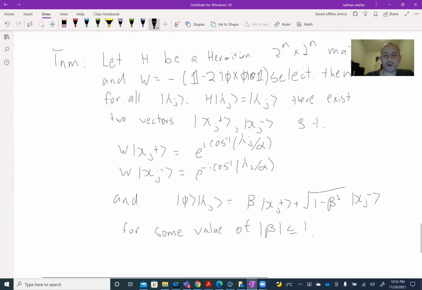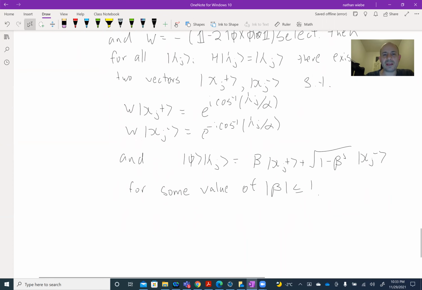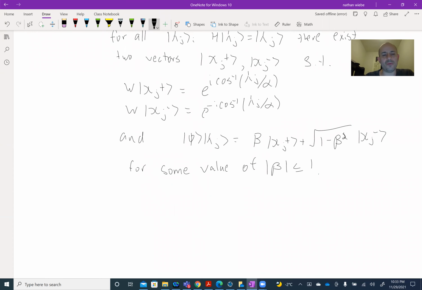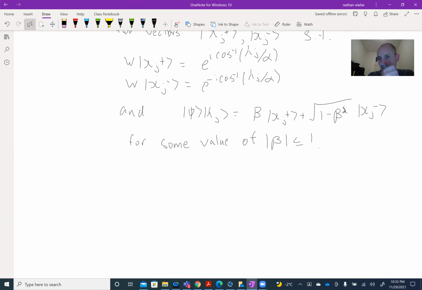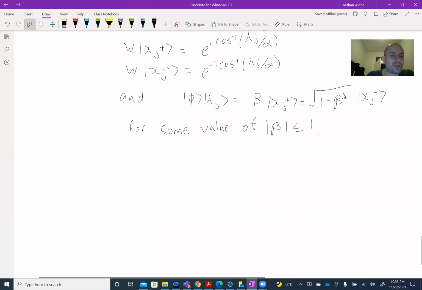All right, cool. So that is the formal statement of what qubitization ends up doing. And the question is, well, how can we apply it?